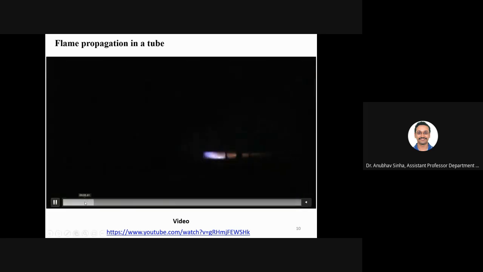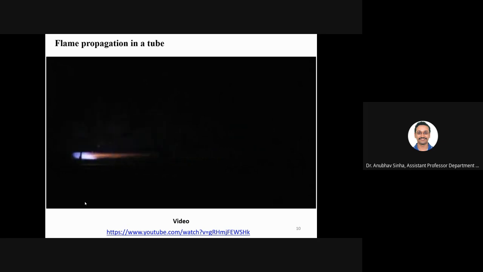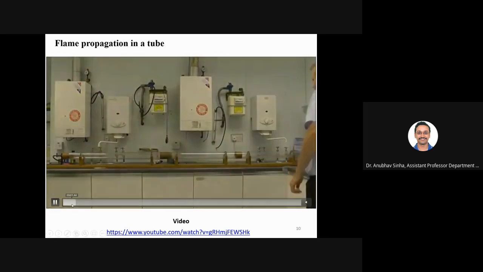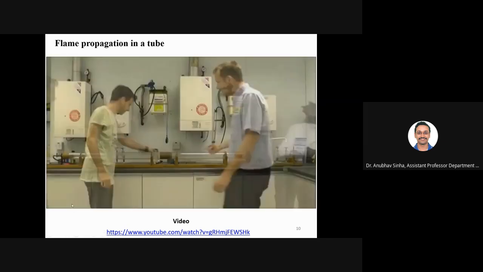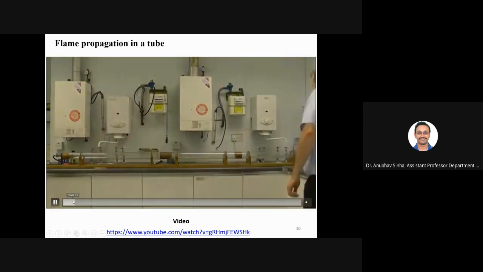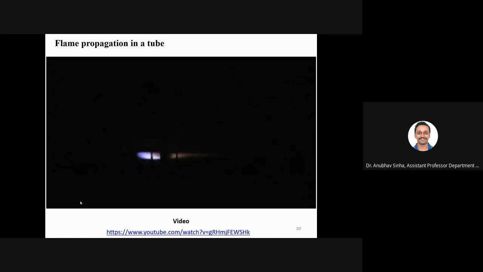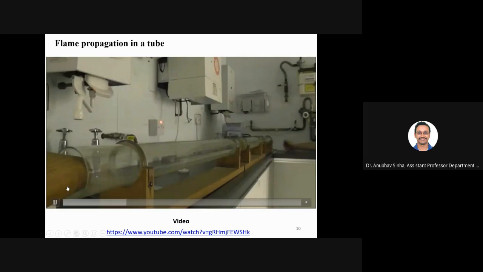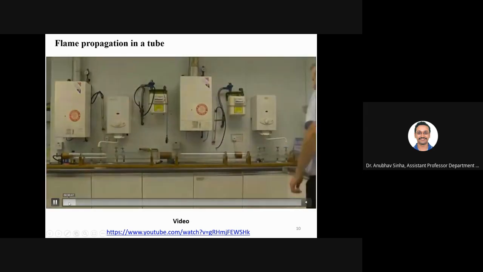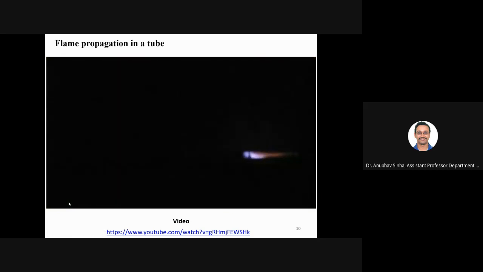That is what the theory says. Theoretically it should be constant, but practically let us say that turbulence comes into play, or because of gravity. If it is a vertical tube, this is horizontal, right? If it is a vertical tube, then it will accelerate because the burnt gases are lighter than air. So buoyancy effects will be there.